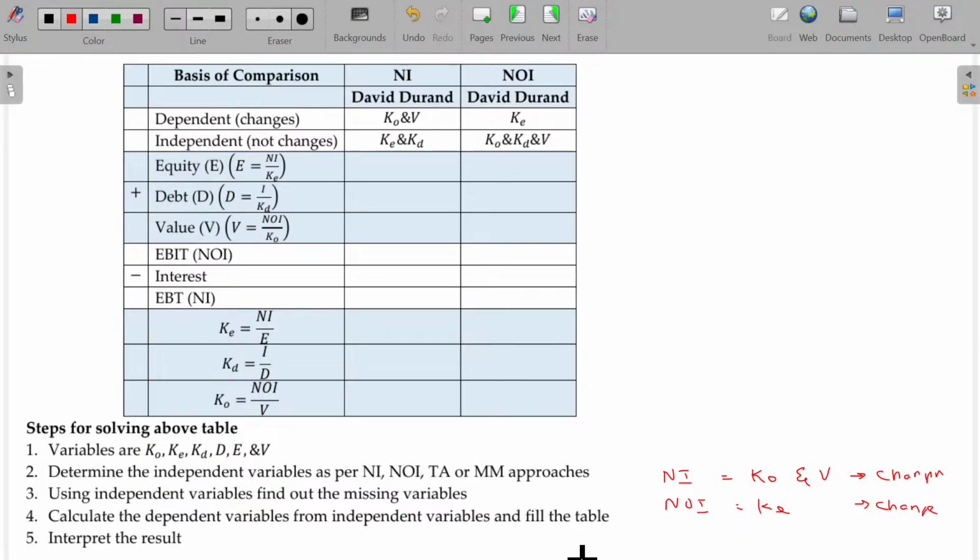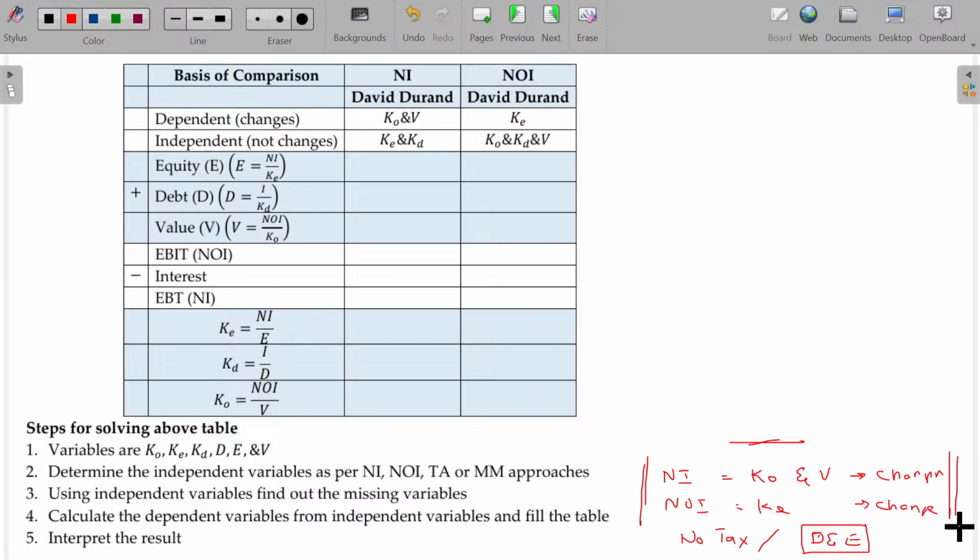As only KE is changing, value is not changing. And assume that we have no tax and we have only debt and equity in the capital structure. Clear? These are the predominant ideas you have to keep in your mind. This is very, very important to make the solution solved easily.